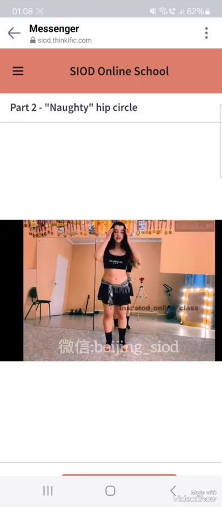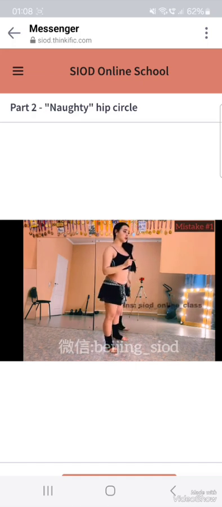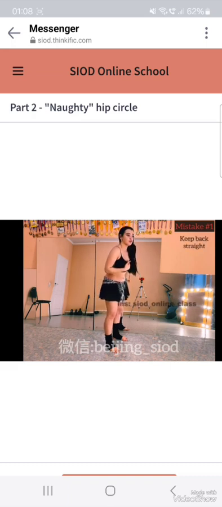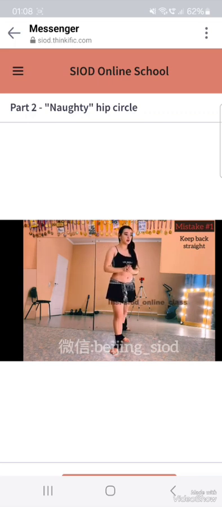The first mistake is the most popular mistake in all kinds of hip circles, even from the first part, when you do not have a straight back. I will repeat this mistake again because it is very important, because all beginners usually have problems with the back, even sometimes not just beginners.